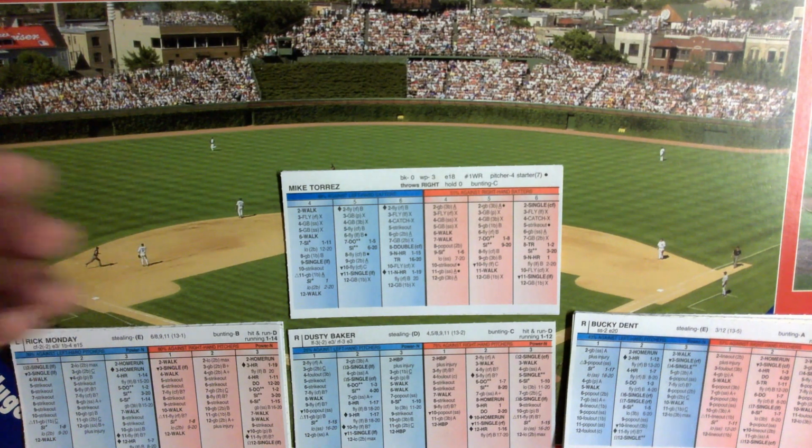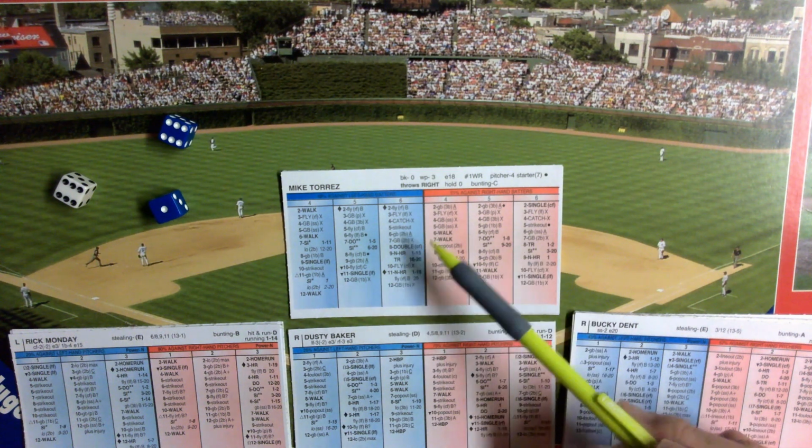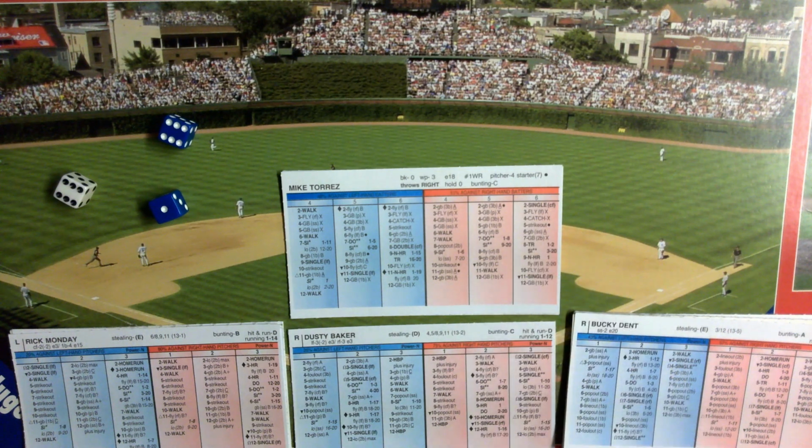So Baker facing Torrez. Baker hit a triple and scored on the error by Reggie Jackson in the first. So we have a 6 and a 7. 6 and a 7 against a right-handed batter is a ground ball second base X. So our second baseman is Willie Randolph.